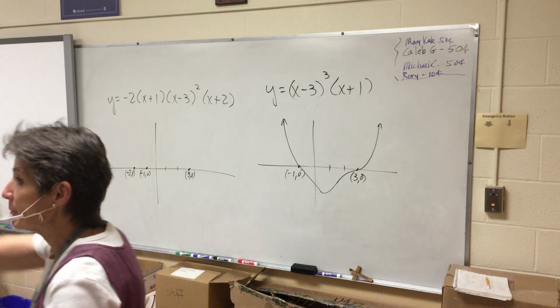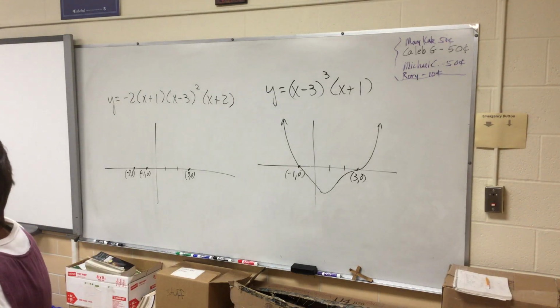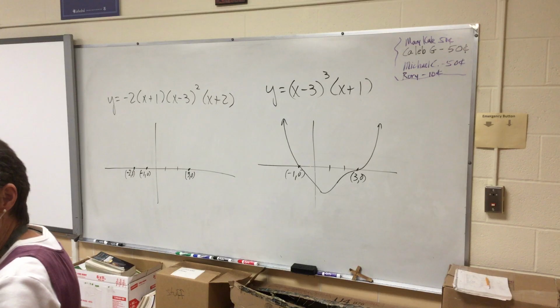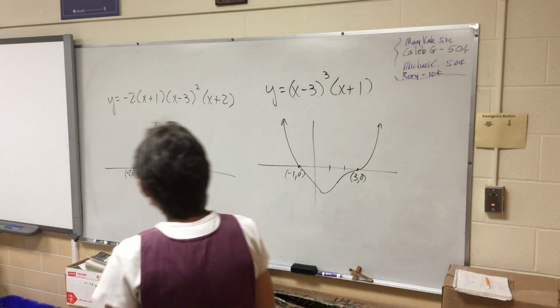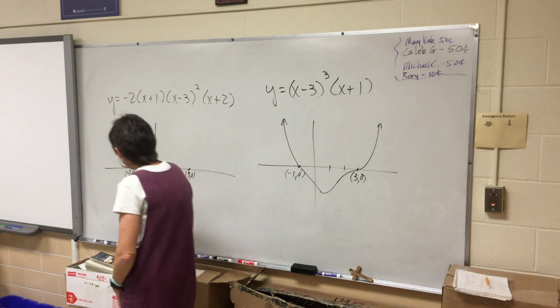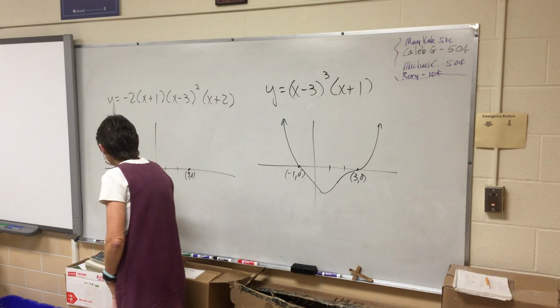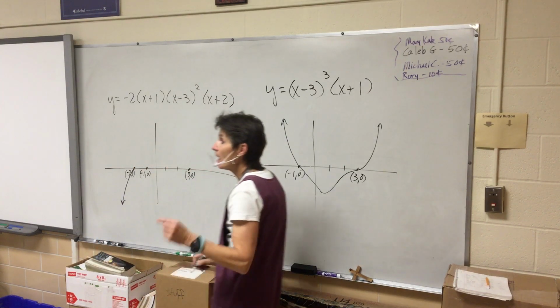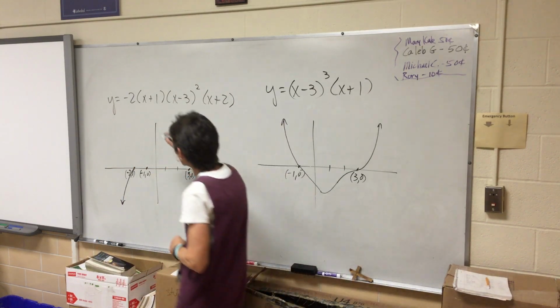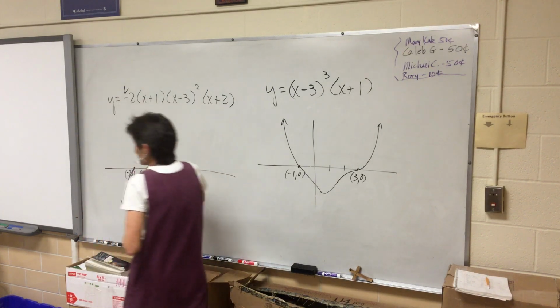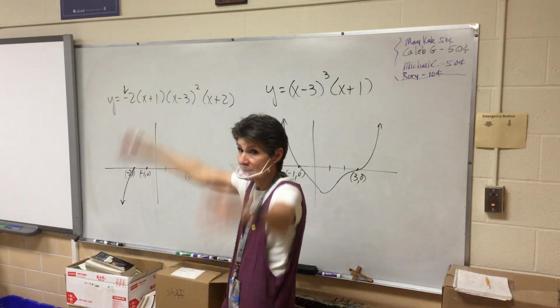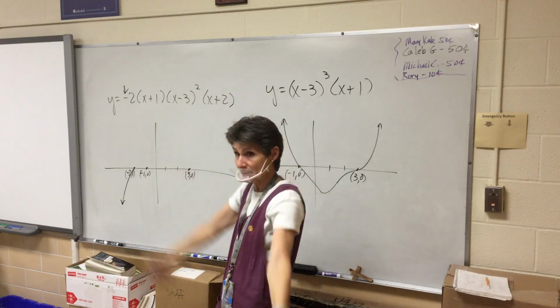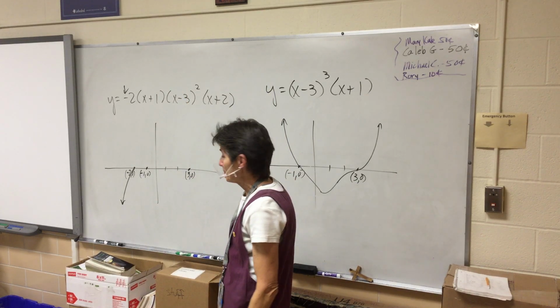It's like a parabola. When they open up, it's up. But when you turn it upside down, it's down. So you're going to start down here because of the negative right here. This turns it upside down. So instead of being like a parabola up, it's going to be like a parabola down.